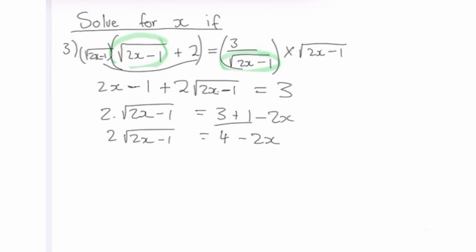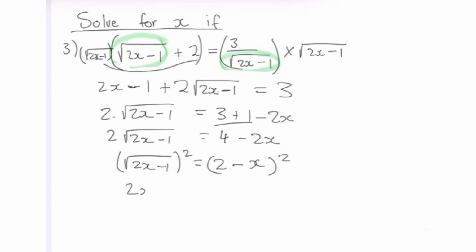And then since 2 goes into 2, into 4, and into 2, we can divide everything by 2 and simplify further. We get the square root of 2x minus 1 equal to 4 divided by 2, which is 2, minus 2x over 2, that is just x. Okay, and then we square both sides.